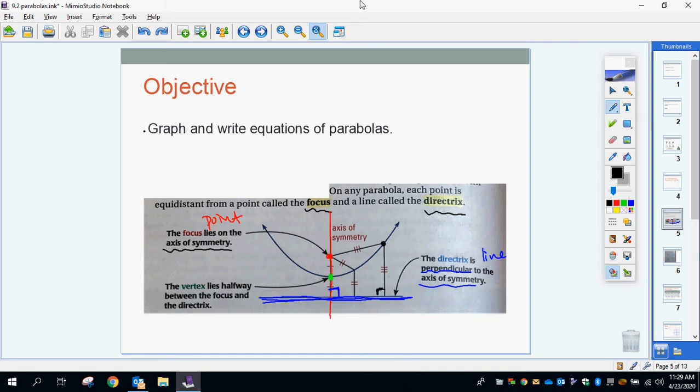If this happened to be, I don't know, 7.3 units, then this would be 7.3 units. You can do that for any point on your parabola, it doesn't just have to be that one. It could be this one right here: if this was 2.9 units, then this length is 2.9 units. So it's equidistant. Any point on your parabola is equidistant to the focus as it is to the directrix.